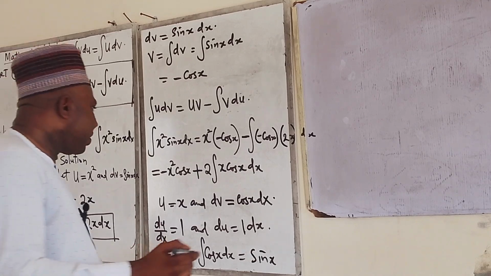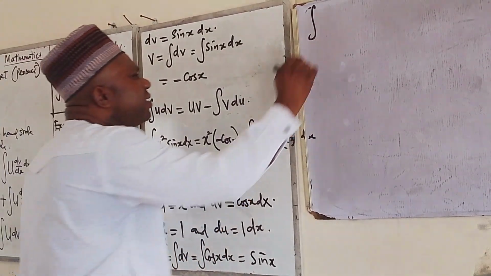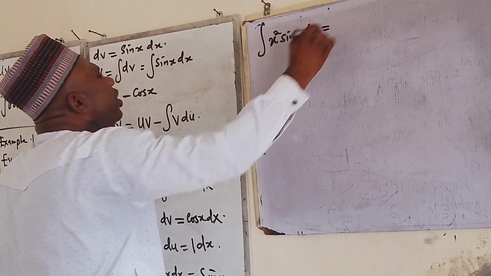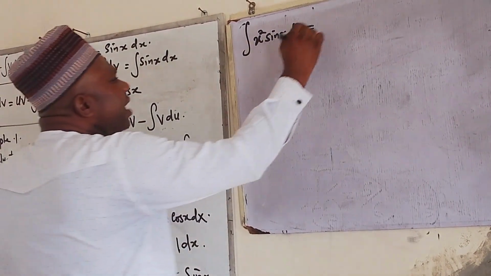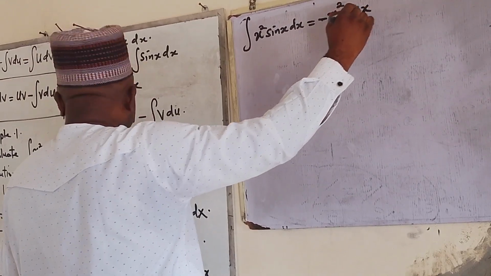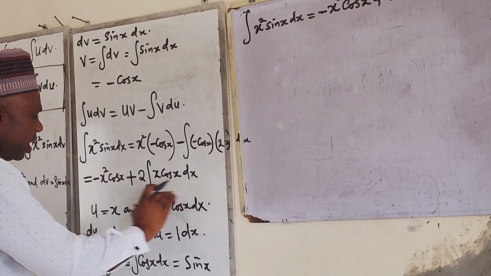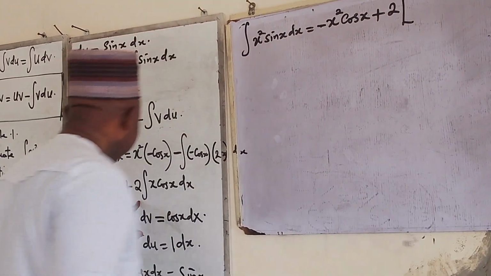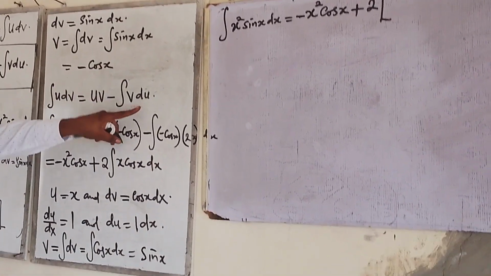So it therefore means that integral x squared sine x dx will be equal to, look at it here, we have minus x squared cos x plus 2 integral the whole of this. And to integrate this now, we have in brackets, we are repeating uv minus integral v du.